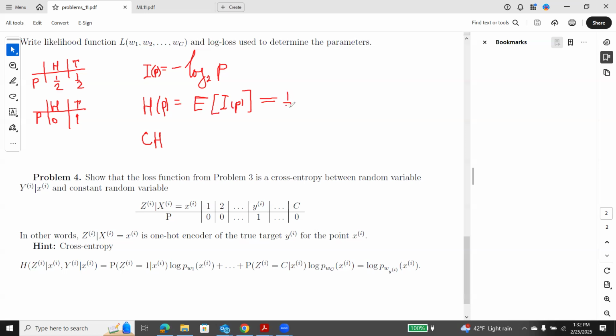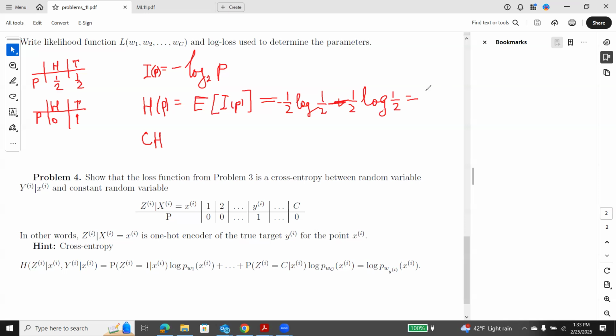So in this case, it will be 1/2 times log of the first probability, which is 1/2, plus the second probability, which is again 1/2, times the function of the second probability. Sorry, information is negative log.